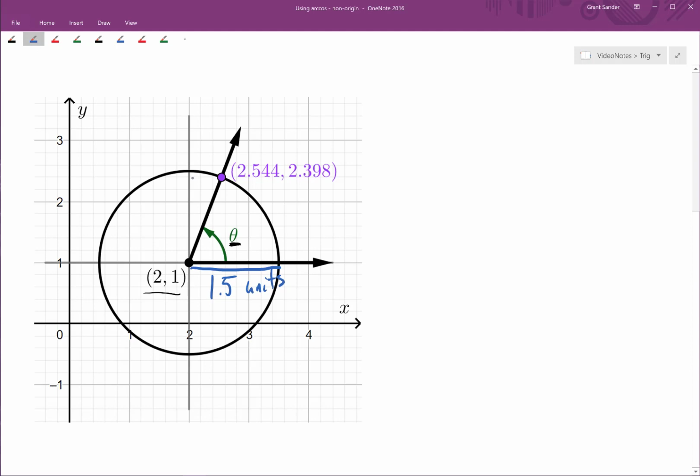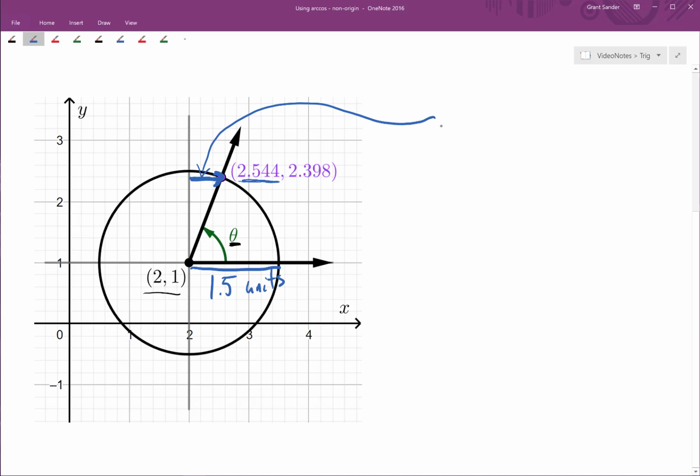So we need to be thinking about horizontal distance in radius lengths. So the terminal point's distance to the right of the center of the circle, in radius lengths. If we look at that horizontal distance right there, based on what we know, the x-coordinate of the terminal point is 2.544, and the x-coordinate of the center point is 2.